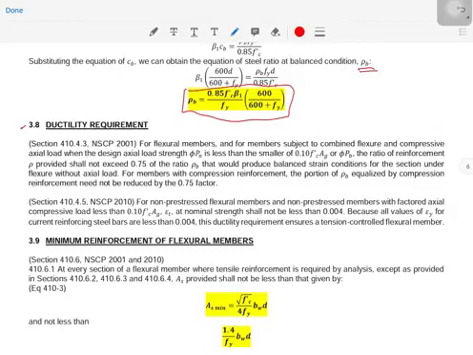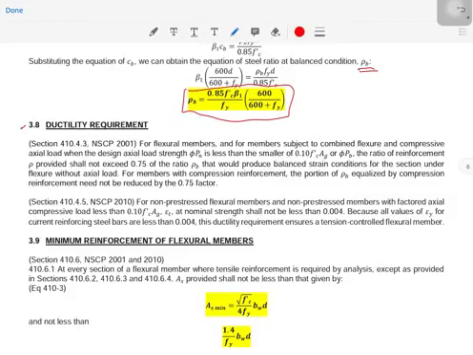compressive axial load, when the design axial load strength phi Pn is less than the smaller of 0.10 f'c Ag or phi Pb, the ratio of reinforcement rho provided shall not exceed 0.75 of the ratio rho B that would produce balanced strain condition for the section under flexure without axial load.